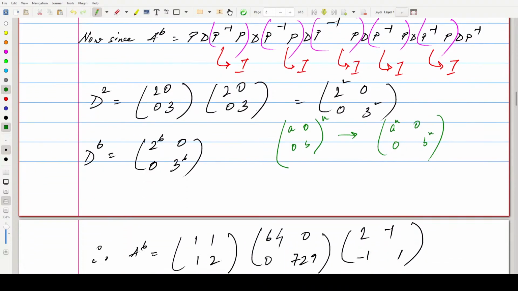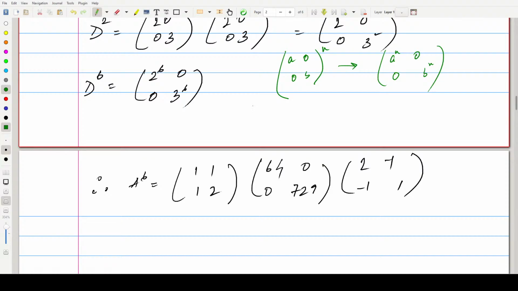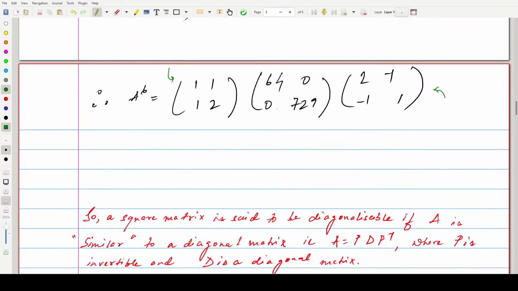So what does this come to? This is my P, and this is my P inverse, and this entry, 2 to the power 6, is 64, and this is 729, and accordingly we can compute this much more simply than we computed it the previous time, right?